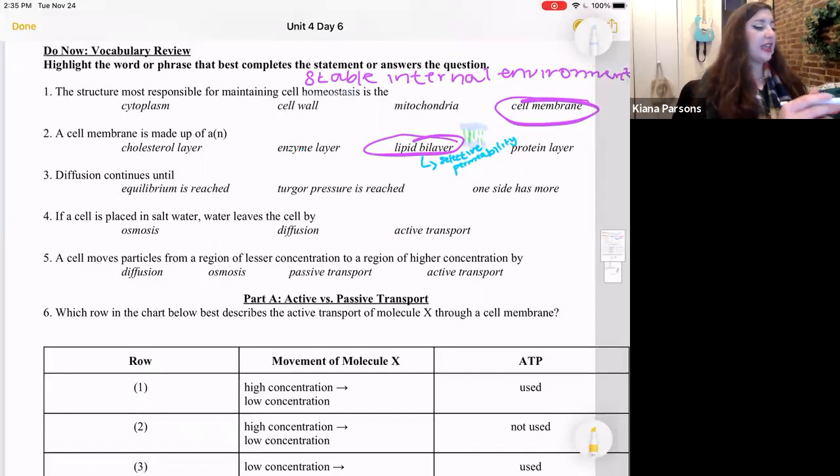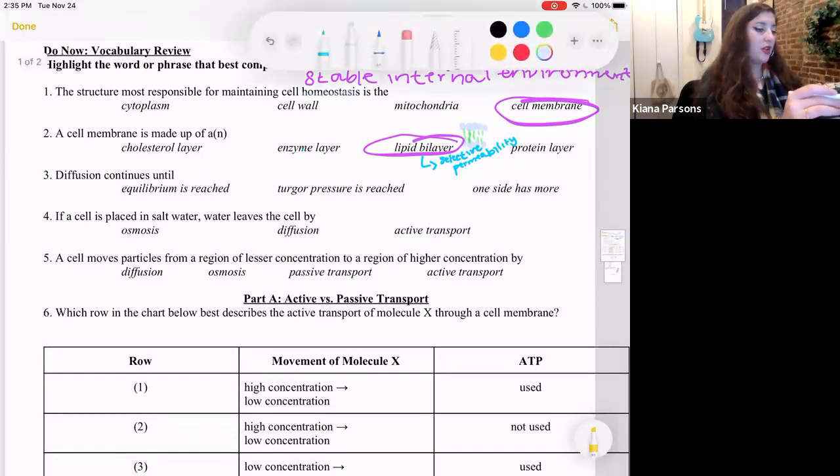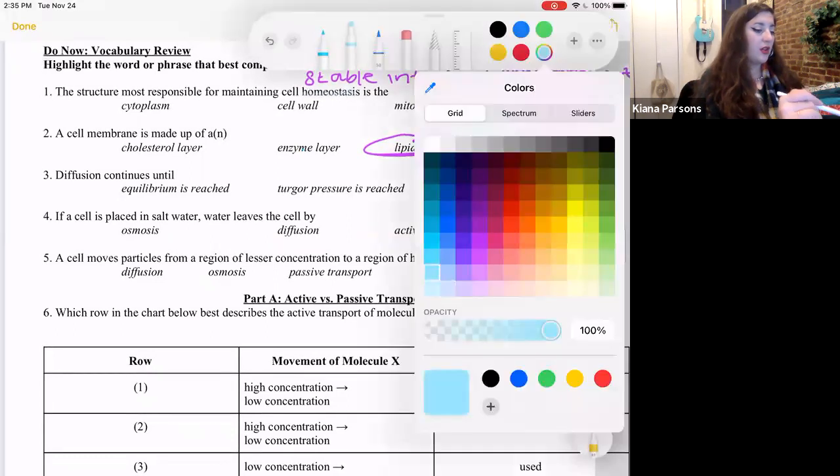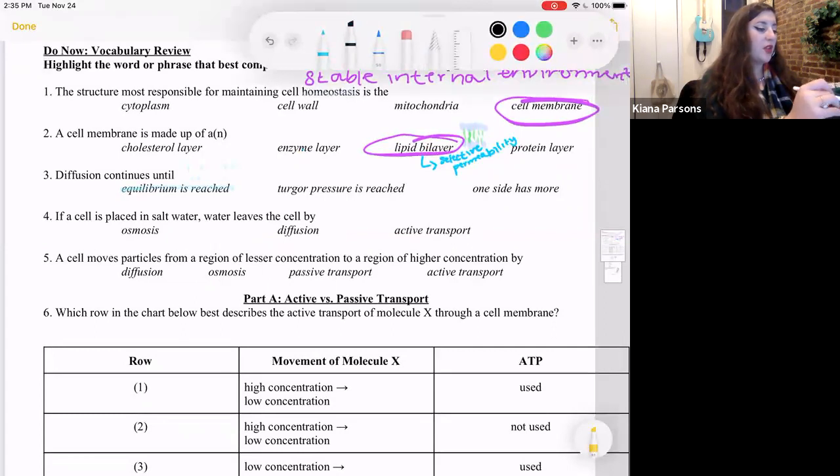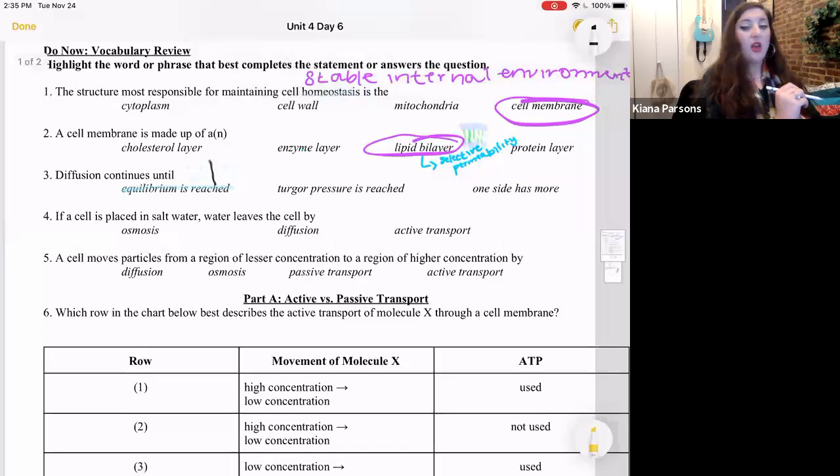Diffusion continues until equilibrium is reached. Right, so diffusion is going to continue until there is an equal number of molecules on both sides of the barrier, either if it's a cell membrane or, in the case of our dialysis tubing, an artificial cell membrane or a cellophane bag or some other structure that is semi-permeable.